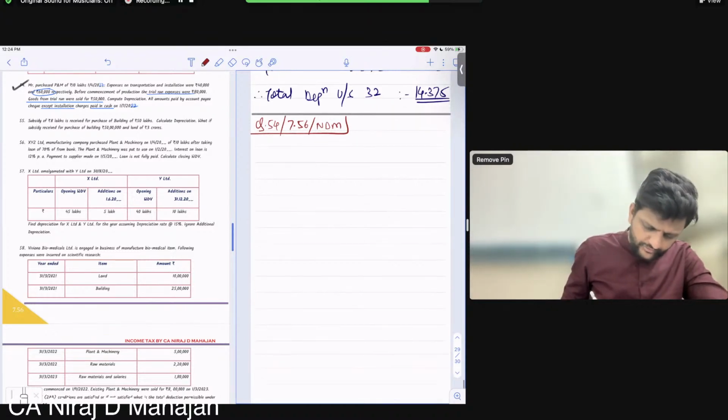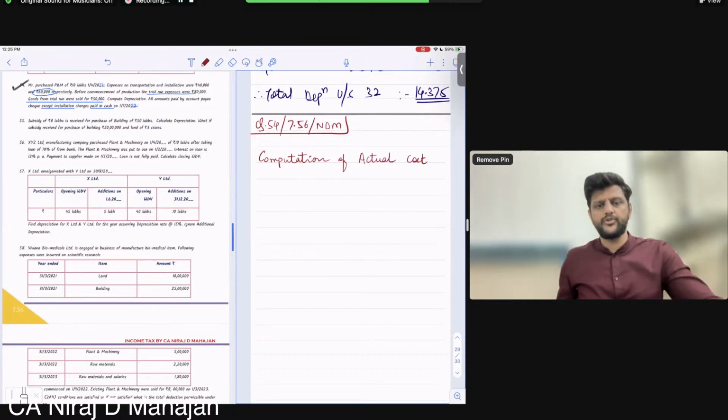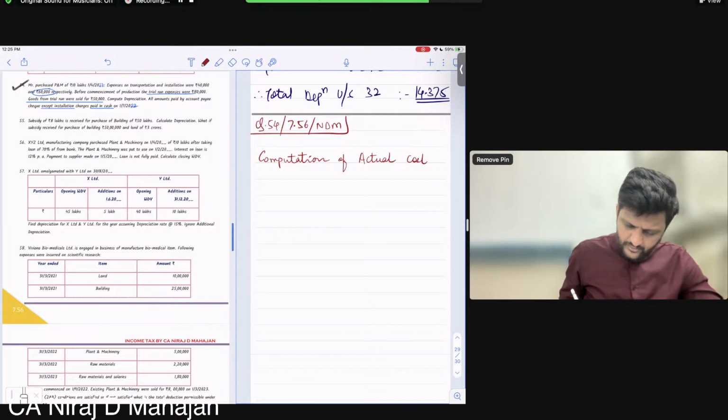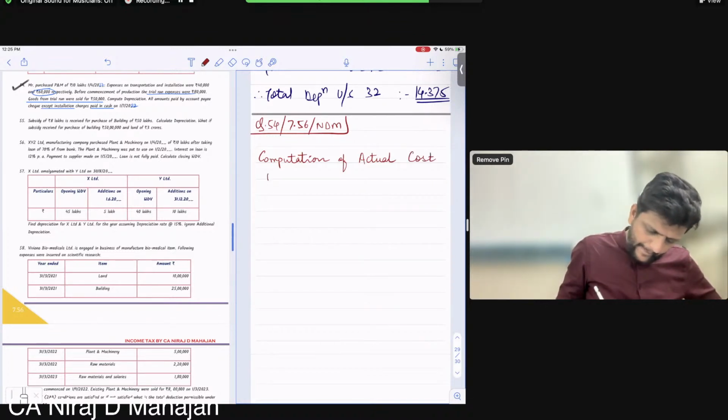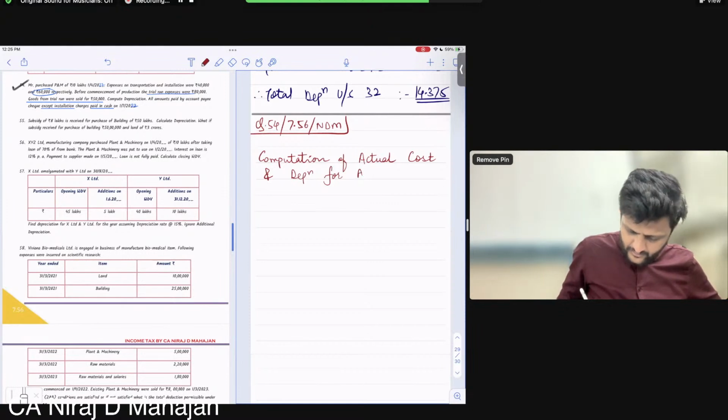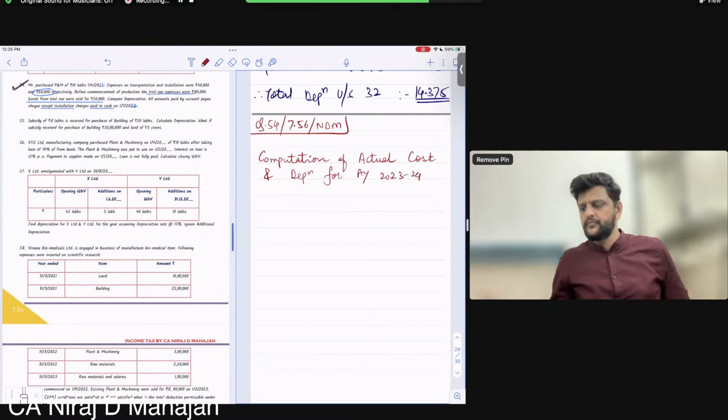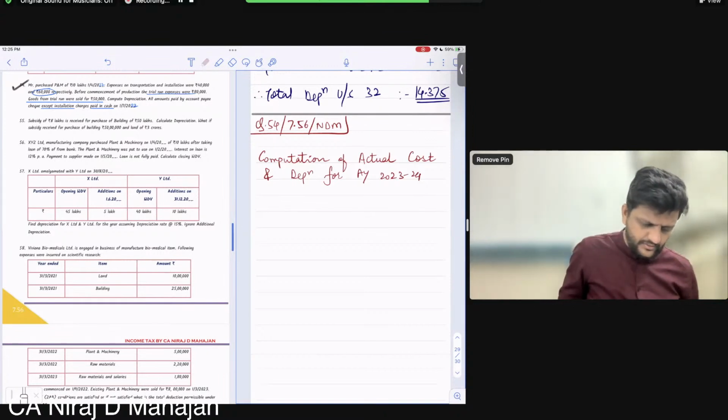So let us do the computation of actual cost and depreciation for AY 23-24. Simple. Particulars, rupees.